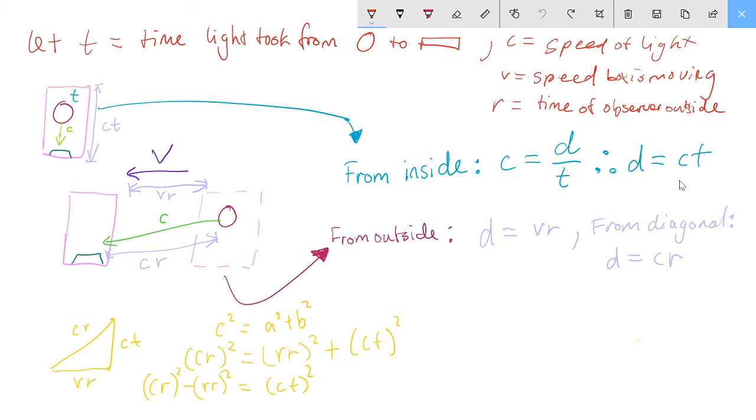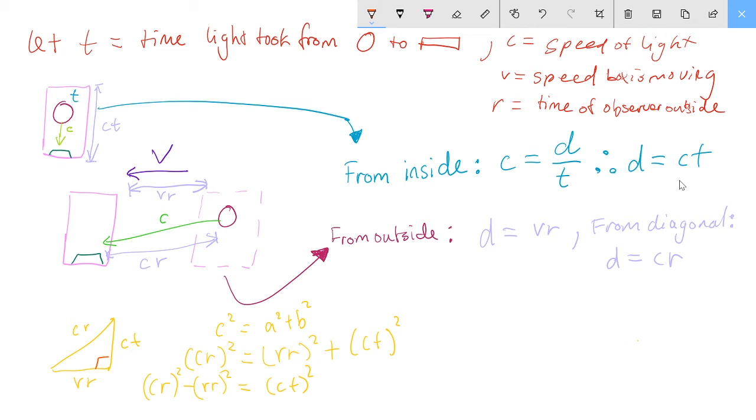The distance the box traveled is vr, and the distance the light traveled is cr. Putting all of those distances together, you get a right angle triangle like this.